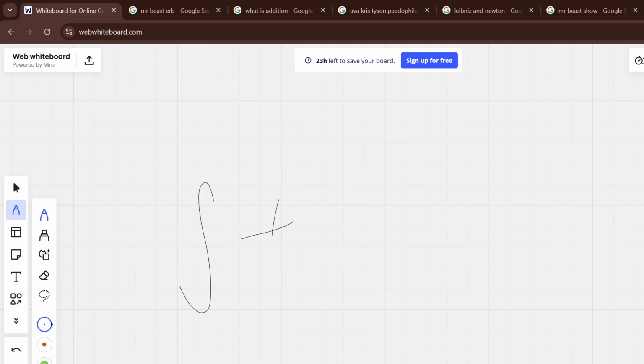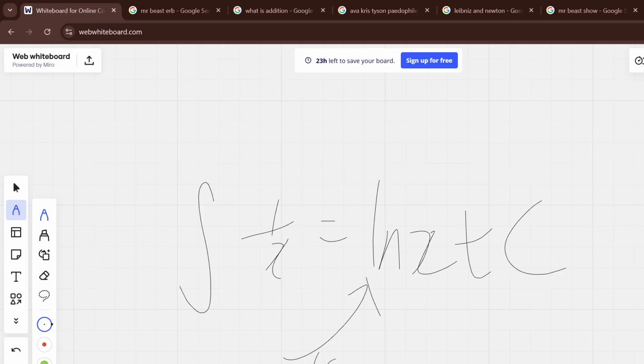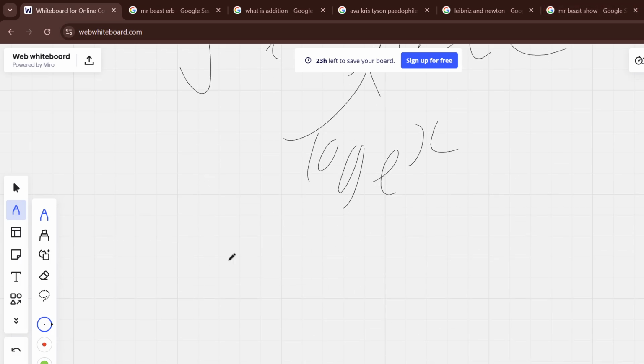First of all, integral of 1 over x is equal to natural log of x. If you don't know what natural log is, it basically means the log base e of x. If you don't know what e is, let's say that e is equal to 2.71 something, blah, blah, blah. And log means the inverse of exponentiation.